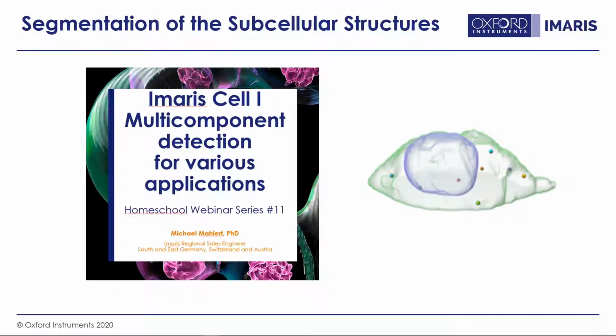This lecture is following the previous one, which was about multi-component detection in the cell module, about segmentation of nucleus, vesicles, cytoplasm, and then using relevant statistics. One of the most common concepts connected to the whole cell module is right in its name.